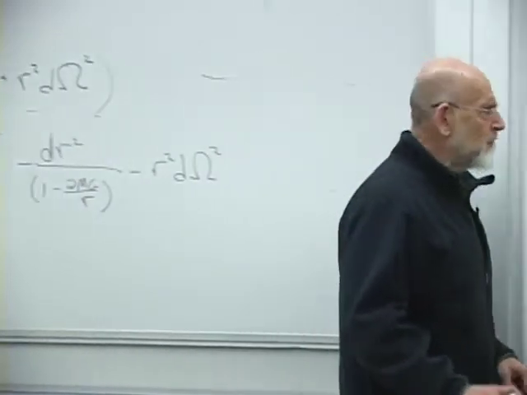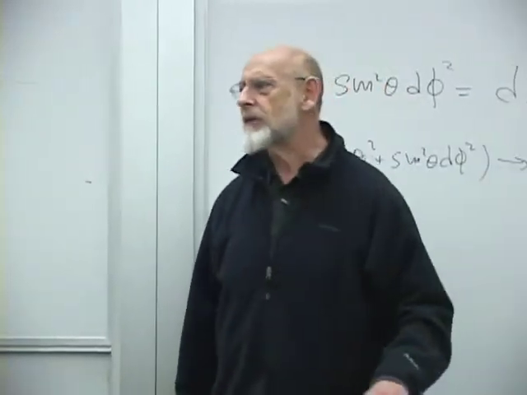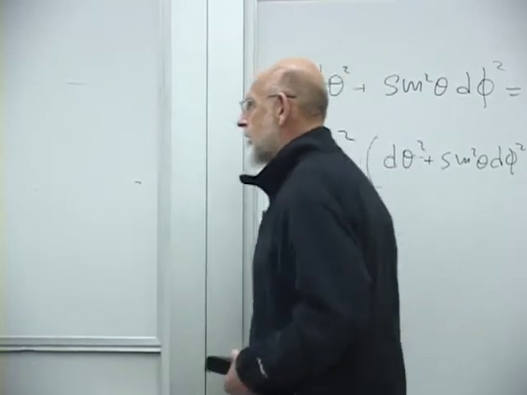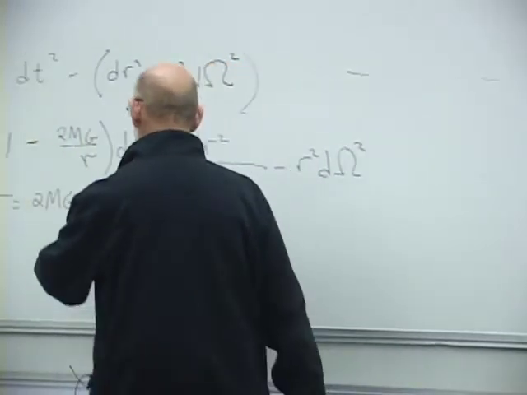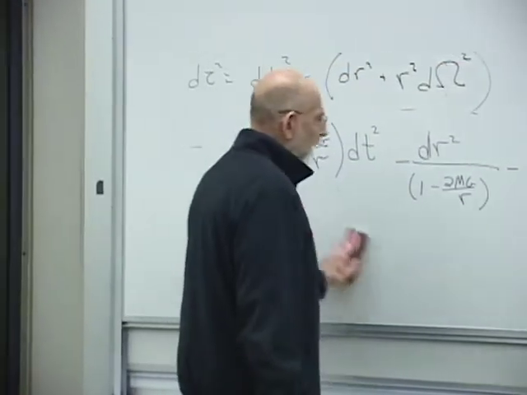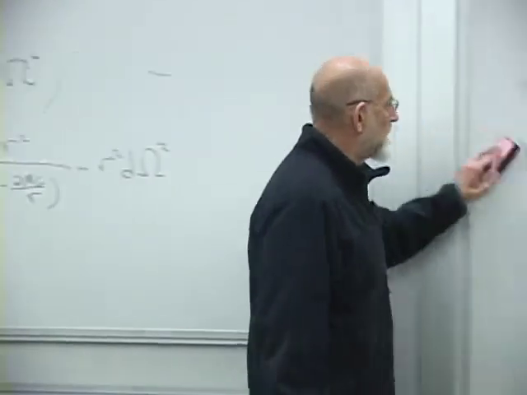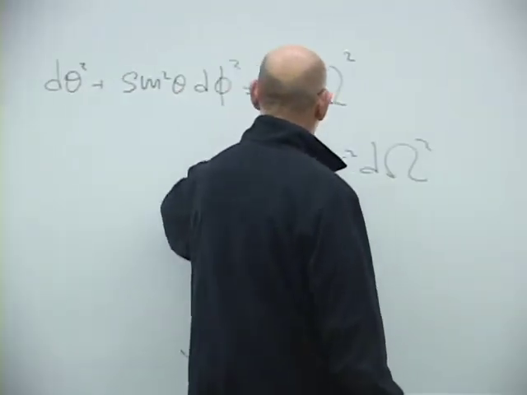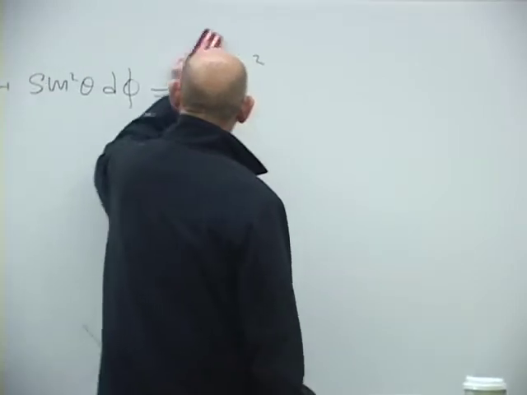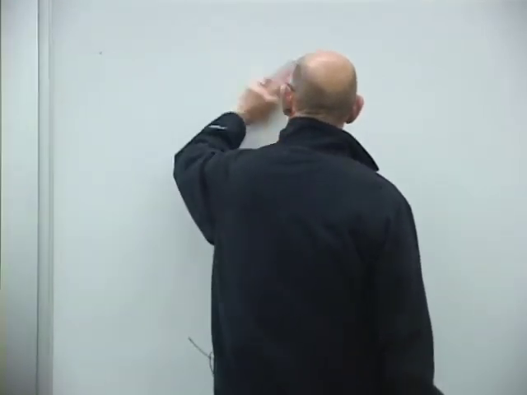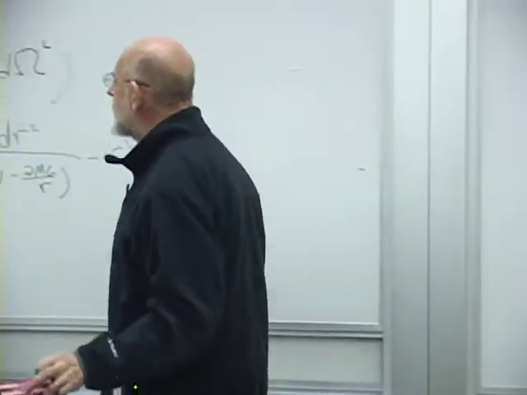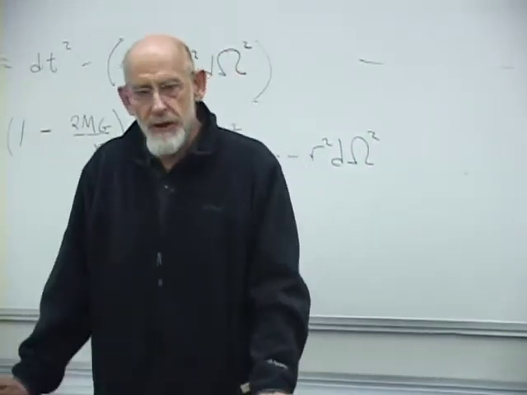It sounds like something rather dramatic happens at the horizon, or at the Schwarzschild radius of the black hole. We're going to come back to that. We're not going to analyze that tonight. Tonight we'll just take this metric and say, all right, something interesting is happening at r equals 2mg.